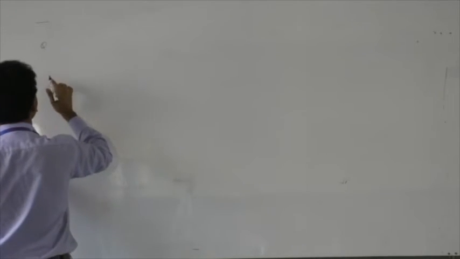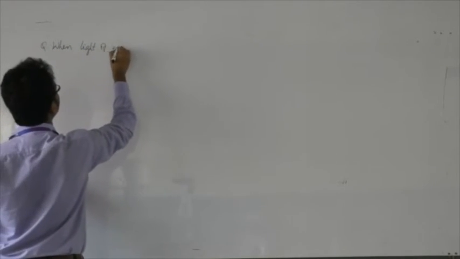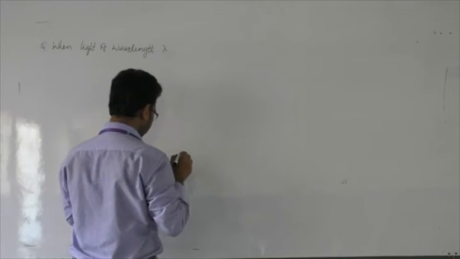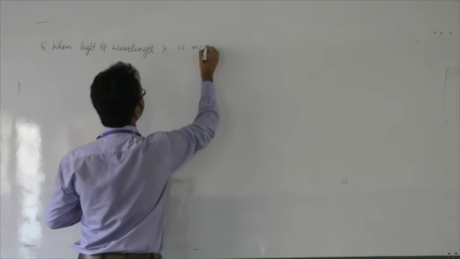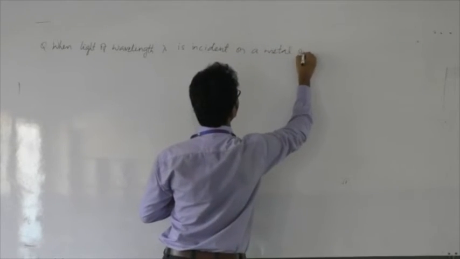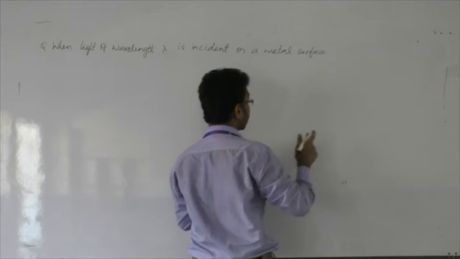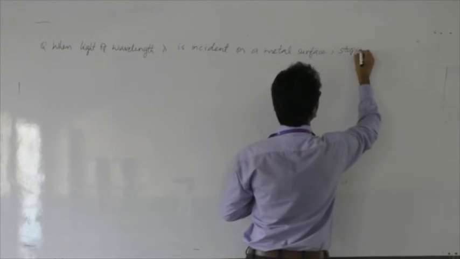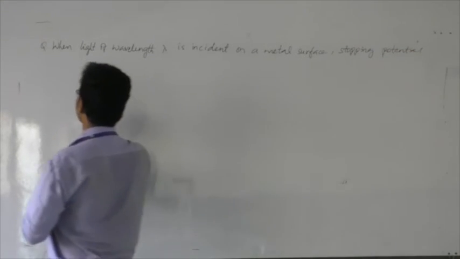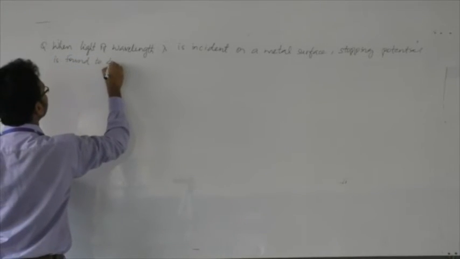When light of wavelength lambda is incident on a metal surface, stopping potential is found to be x.